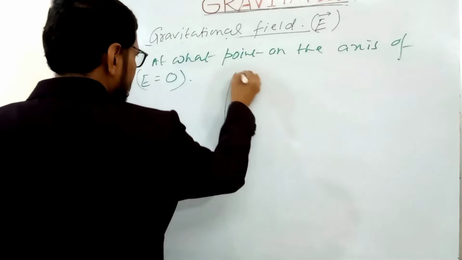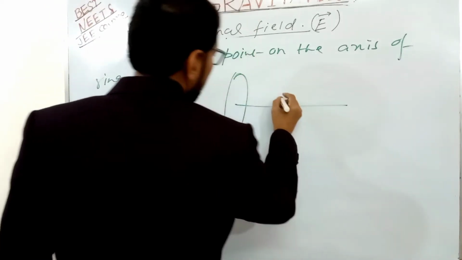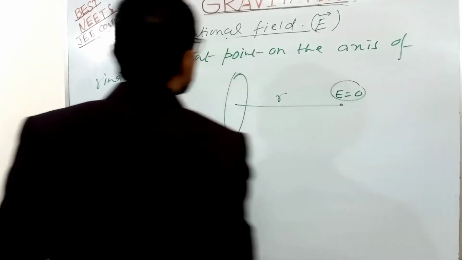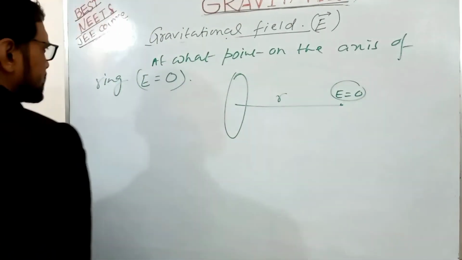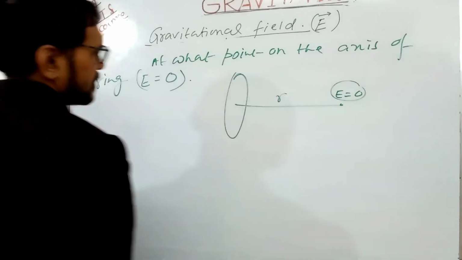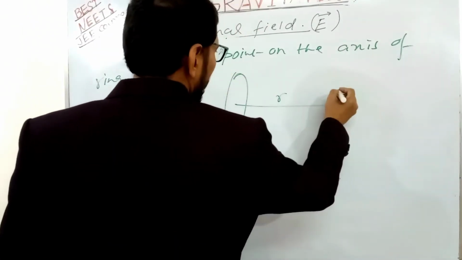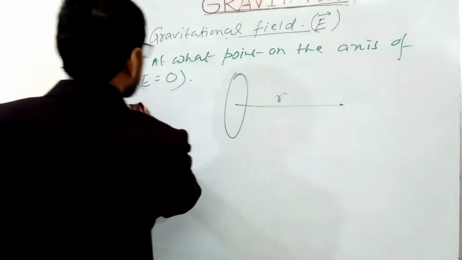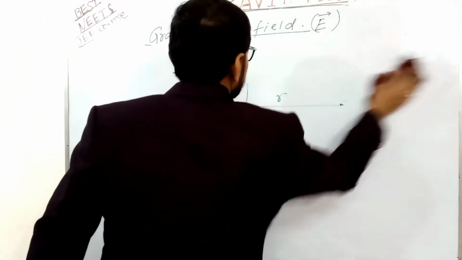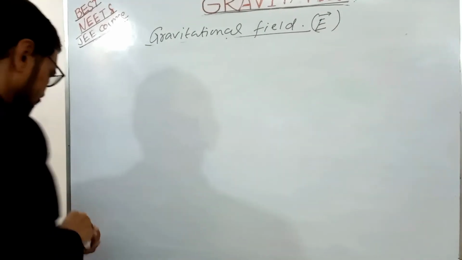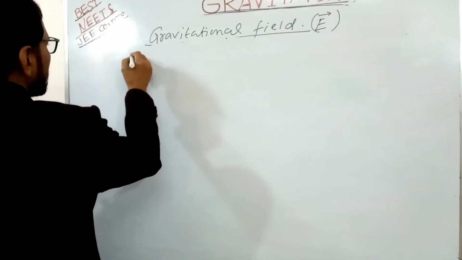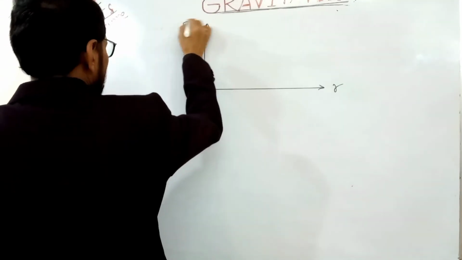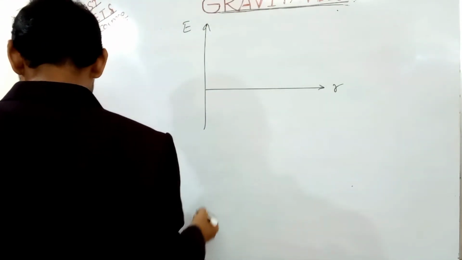Suppose this is a ring, and at a distance r, at what point is the gravitational field equal to 0, and at which point is it not 0? The graph will be like this way.